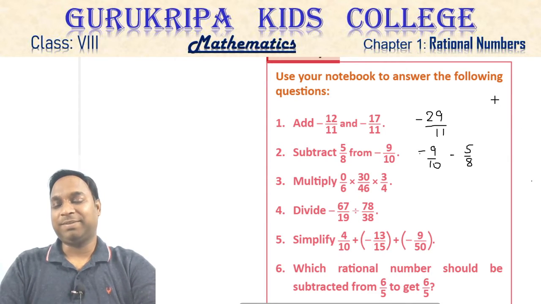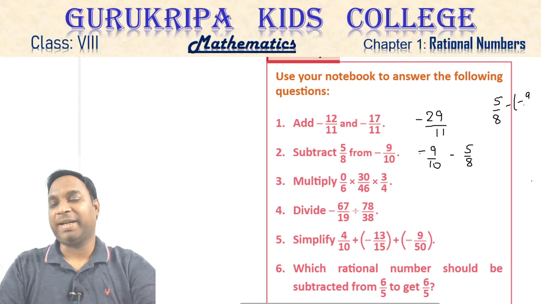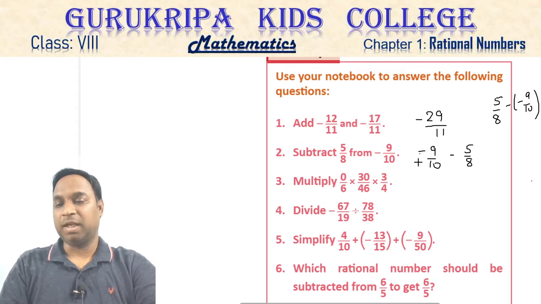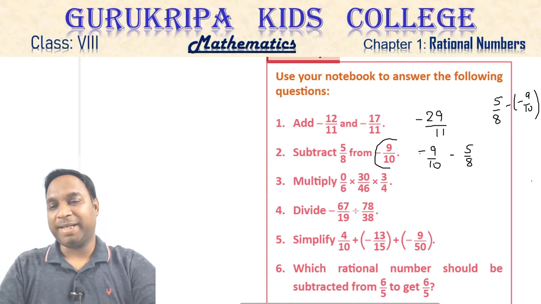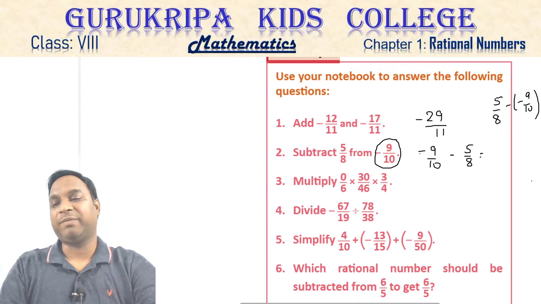If at all you have done 5 by 8 minus of minus 9 by 10, you will get a wrong answer. From minus of 9 by 10, you have to subtract 5 by 8. Again, the answer is very simple. LCM will be 40. What will you get in the numerator?